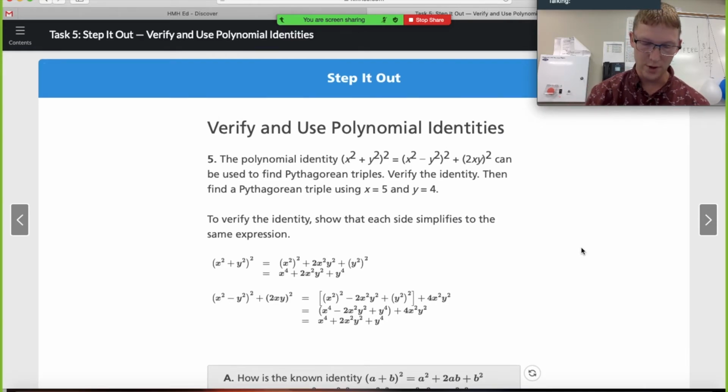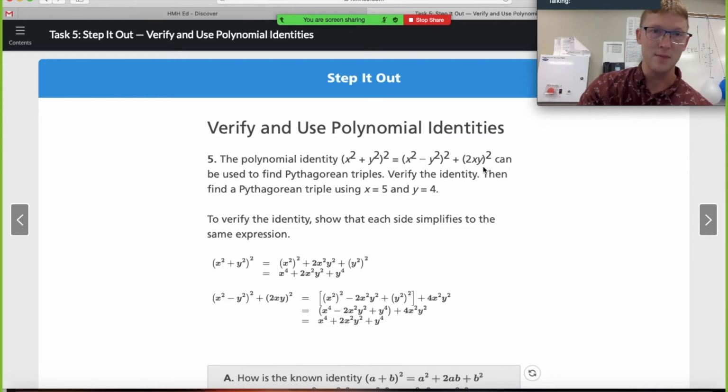So here we go. First, the polynomial identity x squared plus y squared quantity squared is equal to all that nonsense. So that's the first identity that we need to prove, and then we can use that identity to find Pythagorean triples.